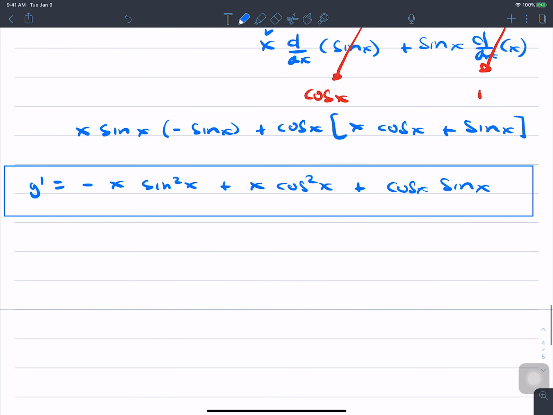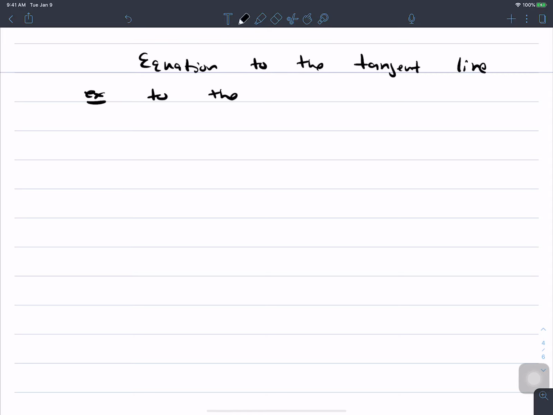So you got some good examples there, and now let's find some real ones. Find the equation of the tangent line to the curve at the indicated point.